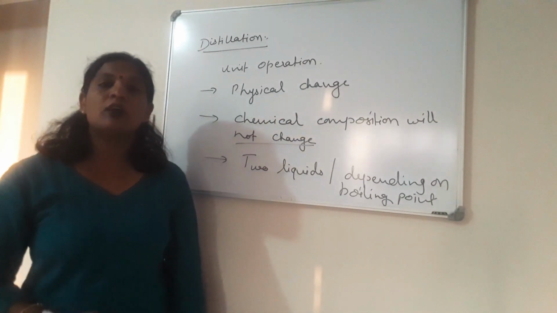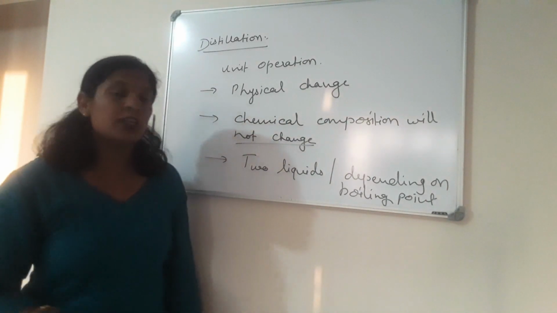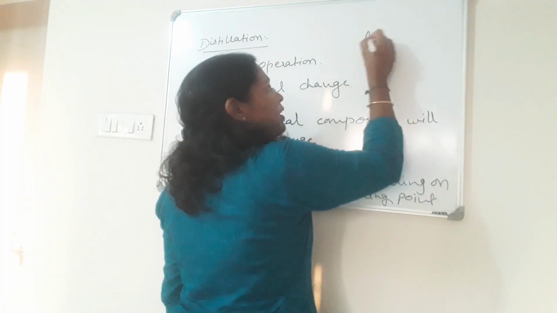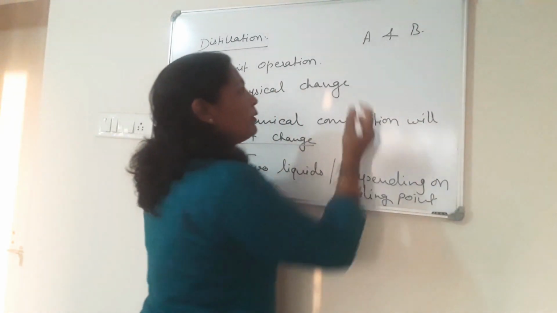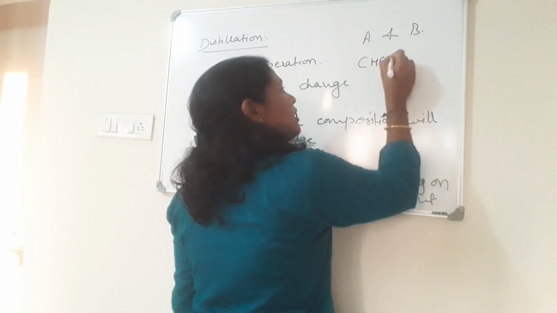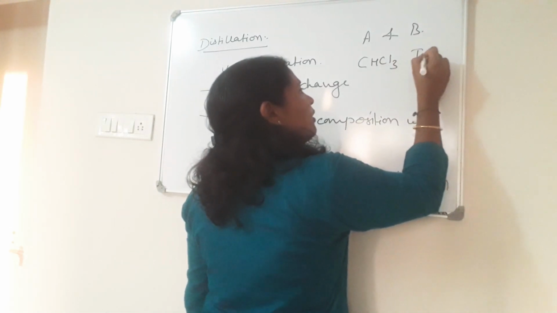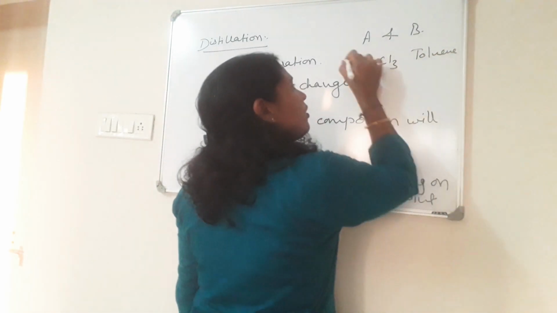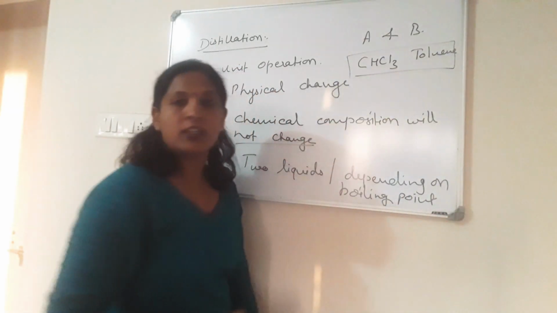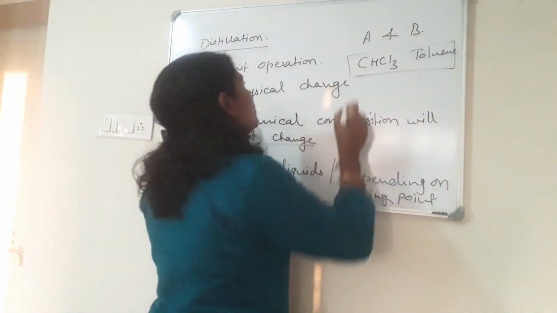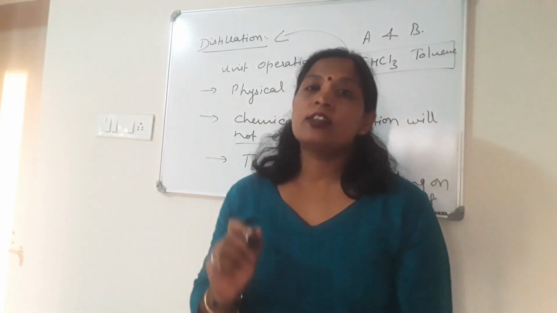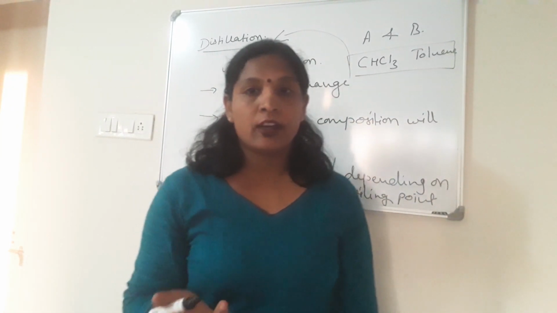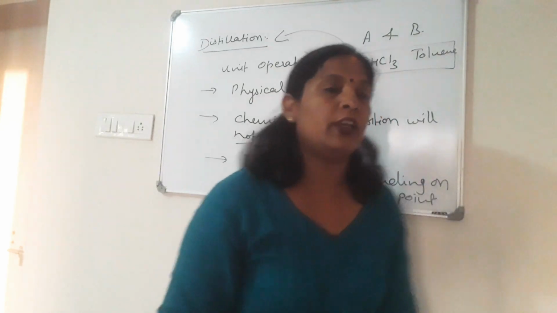If we are considering a binary system, which means it contains two components A and B, both are liquid, for example, we have CHCl3 and toluene. If we want to separate this, for that we have to use distillation. So what is distillation? Distillation is used to separate two liquids according to their boiling point.